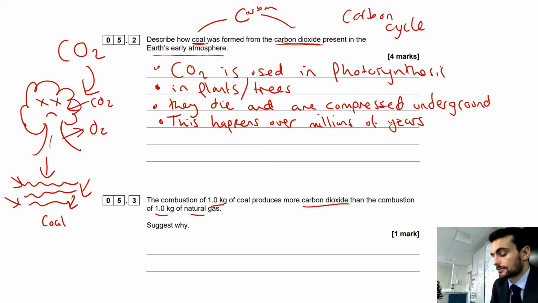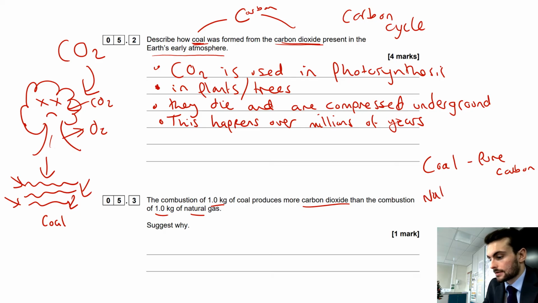Next one, the combustion of 1 kilogram of coal produces more carbon dioxide than the combustion of 1 kilogram of natural gas. So the first thing to think about for that one is, what is coal? Coal is just pure carbon, isn't it? It's just carbon compressed together. What is natural gas? Natural gas is a mixture of alkanes. What's an alkane as an example? An alkane will be C4H10, right?